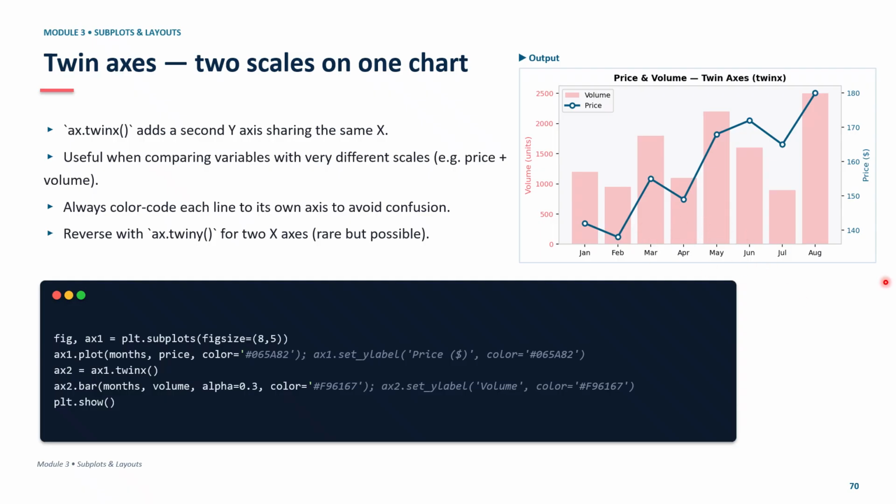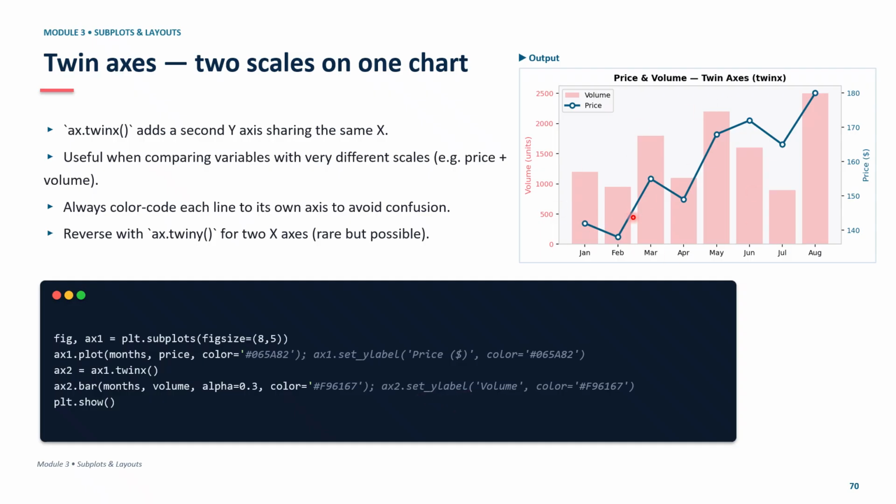So you have to be very careful whenever you use the twinx method and make a proper color code. You can see here ax1.set_ylabel; you can use the set_ylabel method. The blue label matches the blue line, and for the volume you can use the same color coding and set the y label.